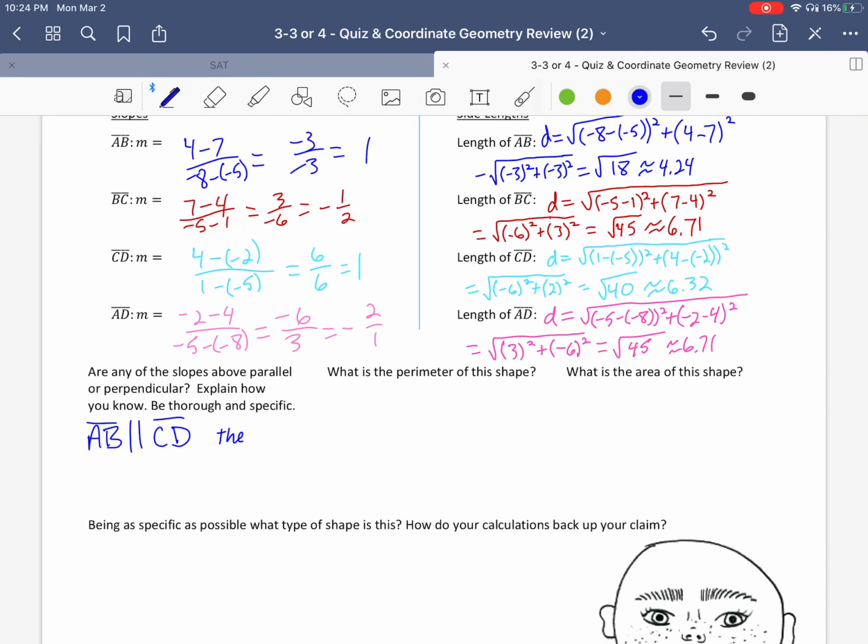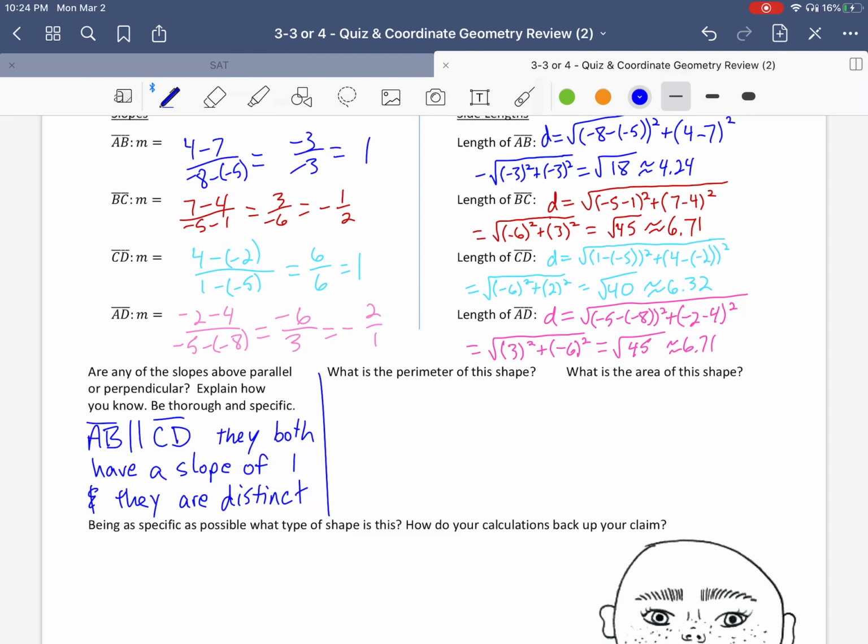They both have a slope of 1, and they are distinct. We'll see that later when we sketch the grid and graph them.